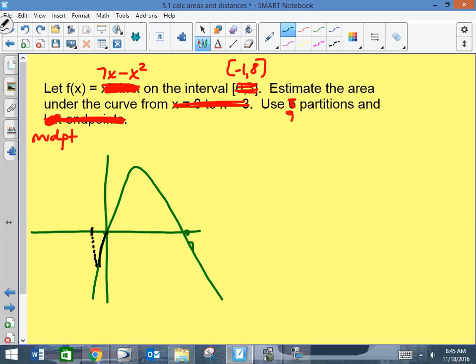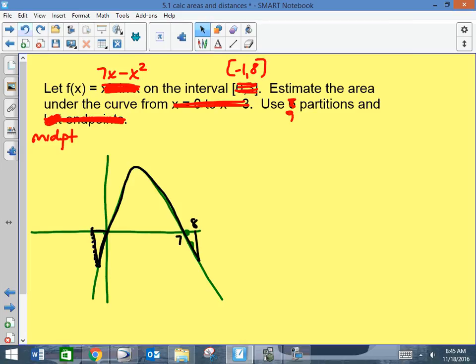So we have some underneath, which I wanted to show you. And then we also have some underneath over here, because this is 7 to 8, right? Okay, so we're doing this whole thing, this is my area. Okay, what we're really talking about.